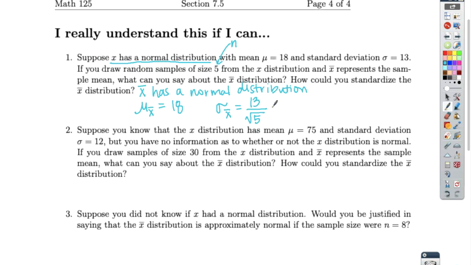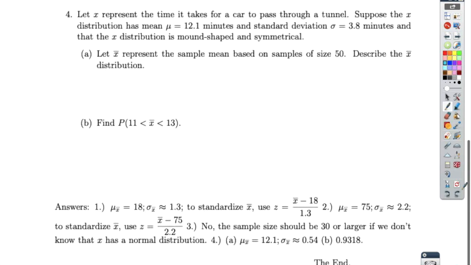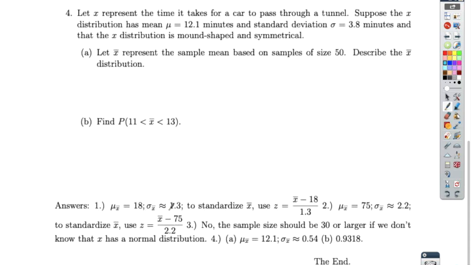And I think that answer at the bottom is wrong. So we take our original standard deviation and we divide by the square root of the sample size, and I'm pretty sure, unless I just looked at that wrong, yeah, that's not right. We'll say 5.81 there. That's how that should be.